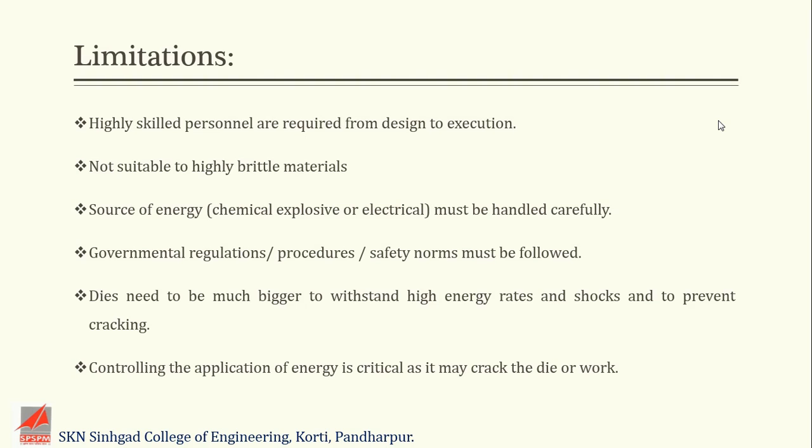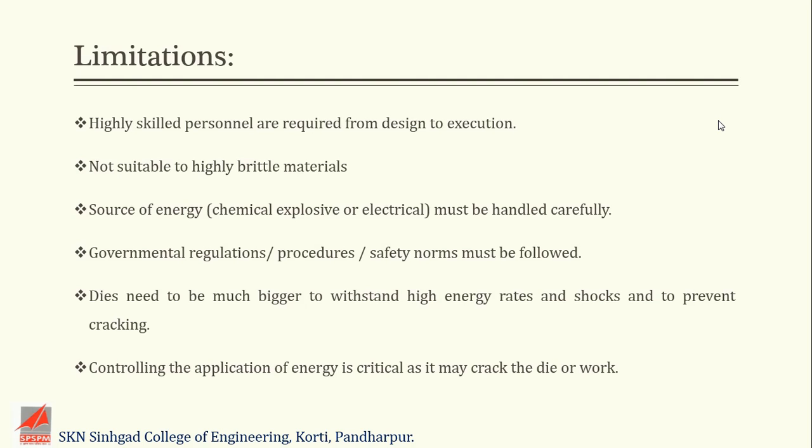There are government regulations or safety norms the industry has to follow if the industry is working on these types of processes. Dies need to be much bigger to withstand the high energy rate and shocks to prevent cracking. Understood? That is a limitation of the process. The design of the die must be strong enough so that it can withstand the pressure exerted by the energies.